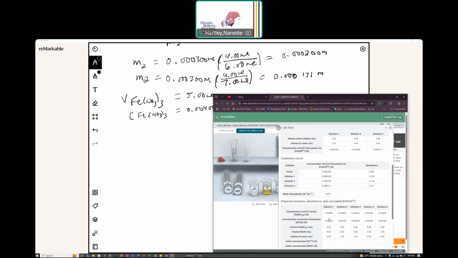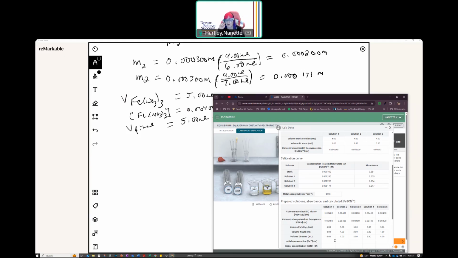Okay, and then the final volume of this is going to be the sum of those: the 5.00 milliliters that we started with, plus the 5.00 of KSCN that we added. So it's going to be 10 milliliters.